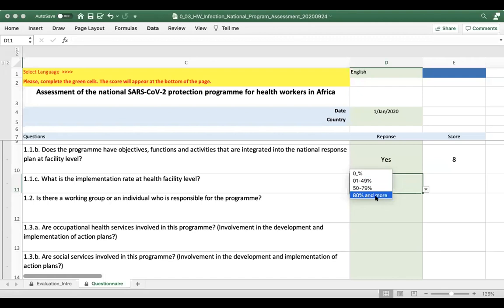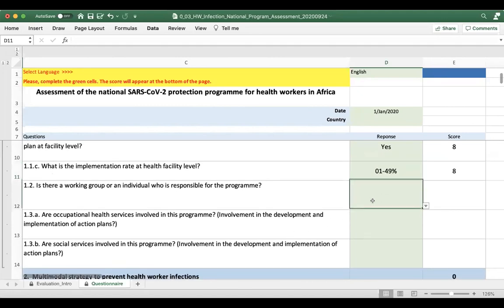So you would populate that using the percentages and the response options given. You can select any one at random, Nancy, thank you. And based on that, a score is automatically generated for you. For each of the questions, you would continue to do this and populate each question as you go.